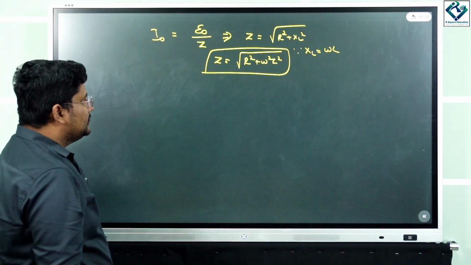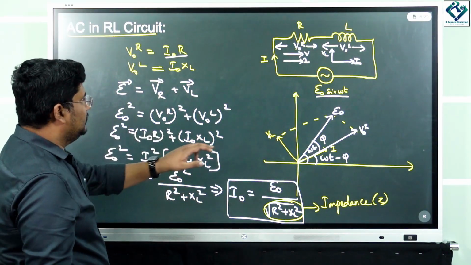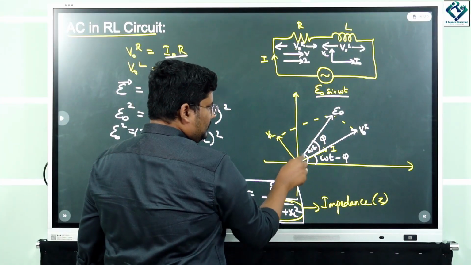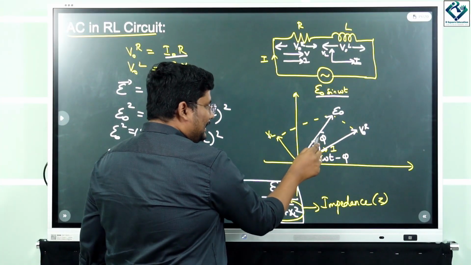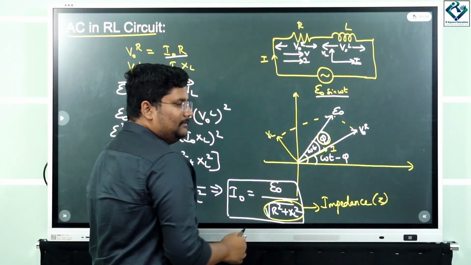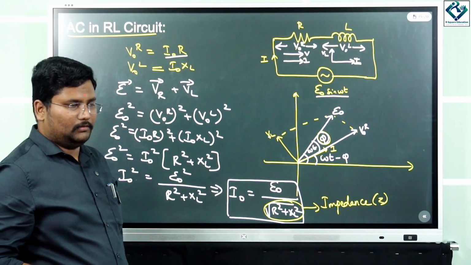Okay. So coming back to this diagram, this is nothing but the phasor diagram. You can see this is going to be the triangle where the angle is phi, right? So we can find out the phase angle also by using the tangent equation.